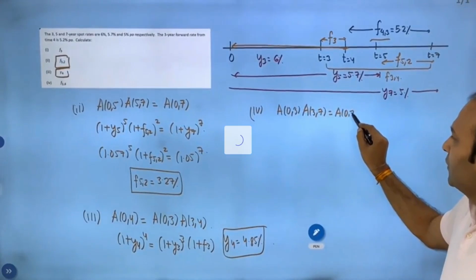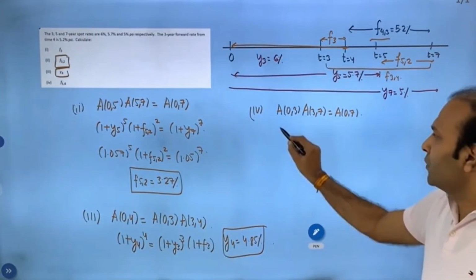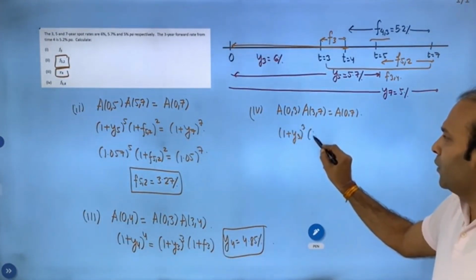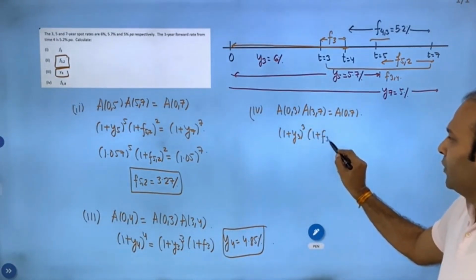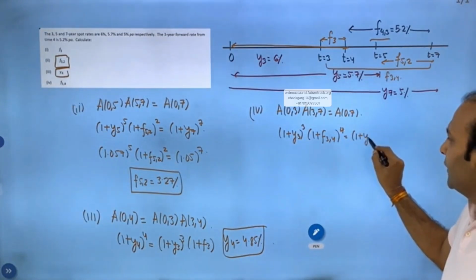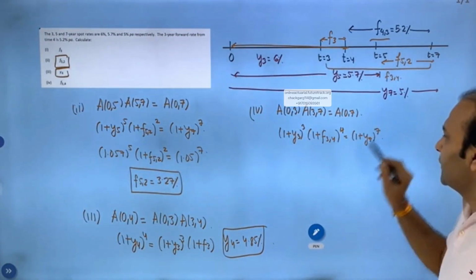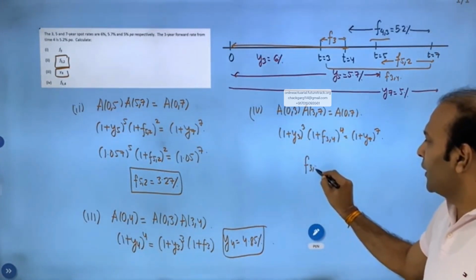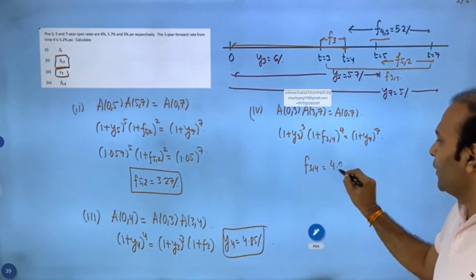Fine. So class, 1 plus y3 raised to power 3, 1 plus f 3 comma 4 raised to power 4 is 1 plus y7 raised to power 7. Solve for f3 comma 4, class. You will get 4.26%.